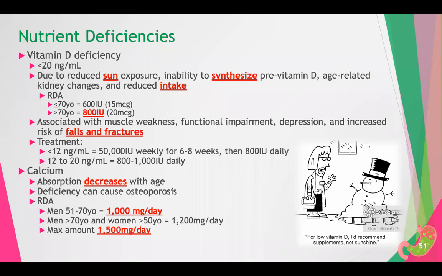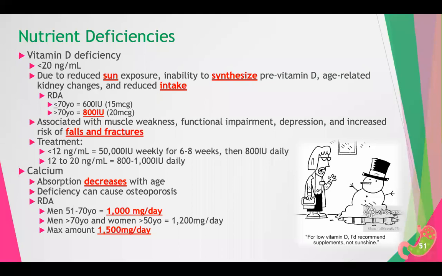For individuals who are 70 or less, 600 international units or 15 micrograms per day is recommended. And for those individuals who are over 70, 800 international units or 20 micrograms daily is recommended.